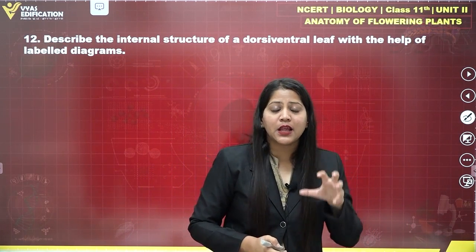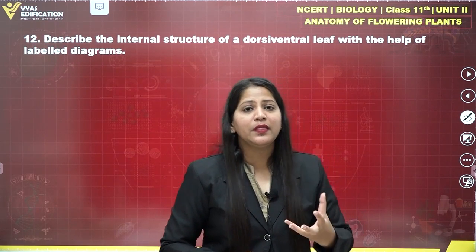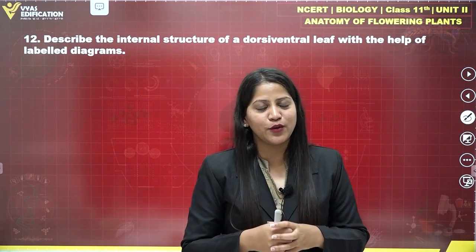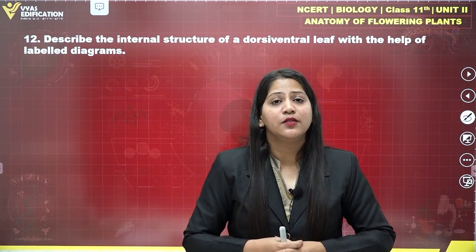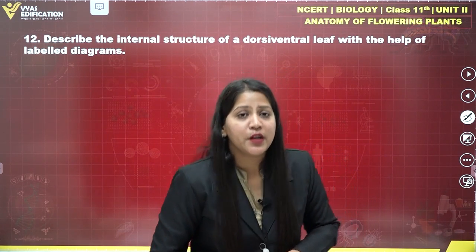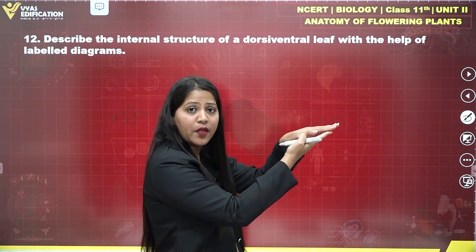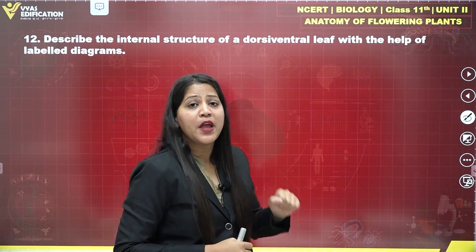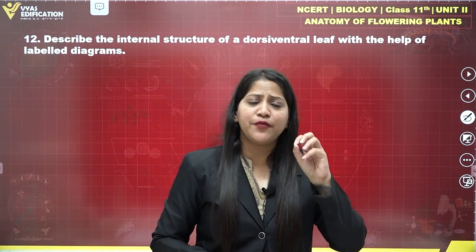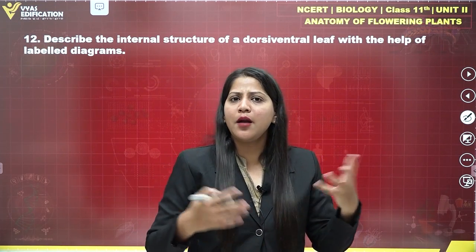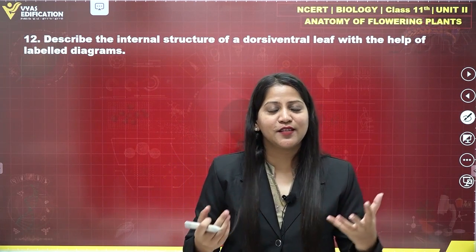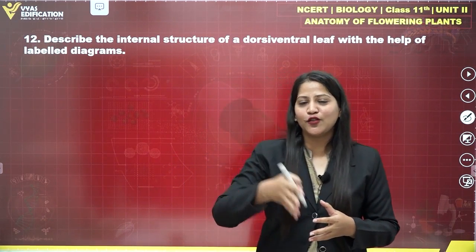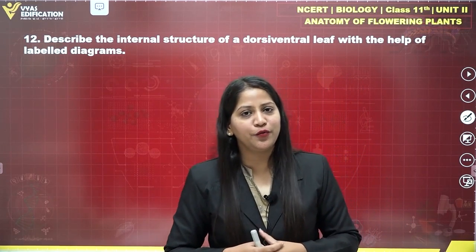They have a thick waxy layer known as cuticle. Also they have stomata, but stomata are higher on the abaxial epidermis, whereas they can be very few or absent on the adaxial epidermis. This is about epidermis. Let's move on to the next part, that is mesophyll.